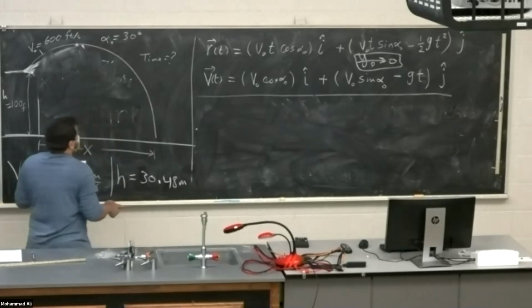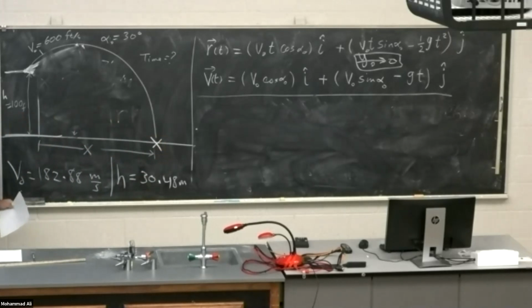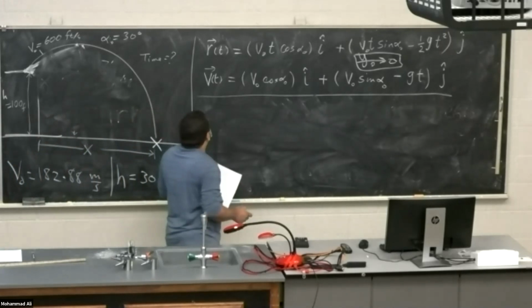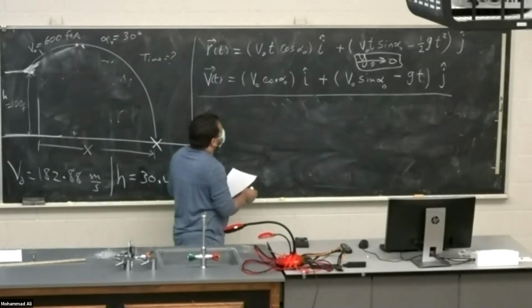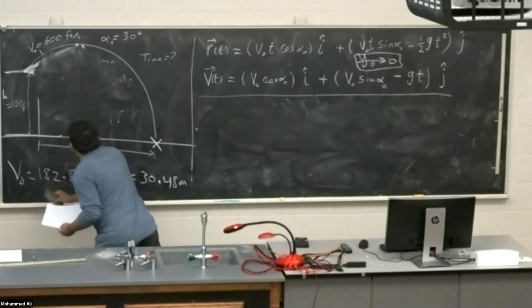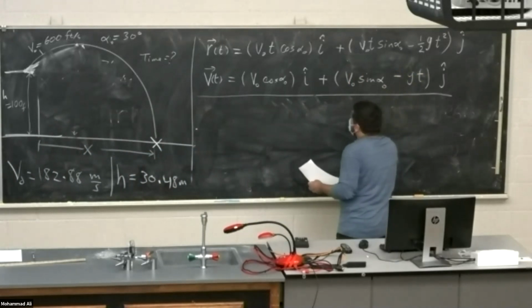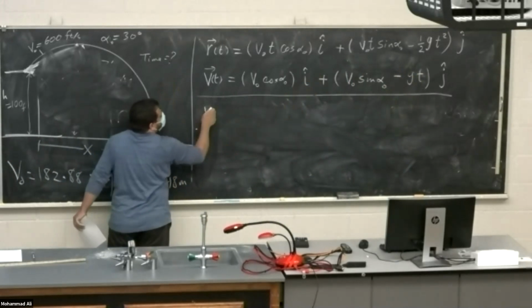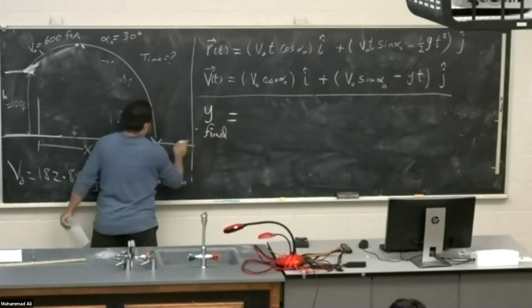Now, what is the time to reach this point, the final destination? From the position vector, how much is Y final at this point?